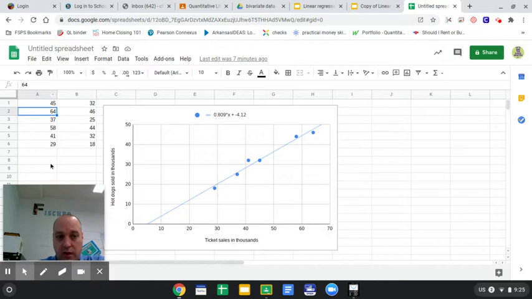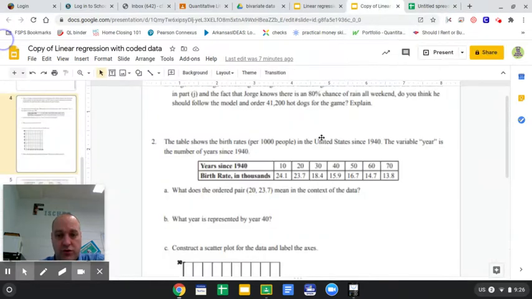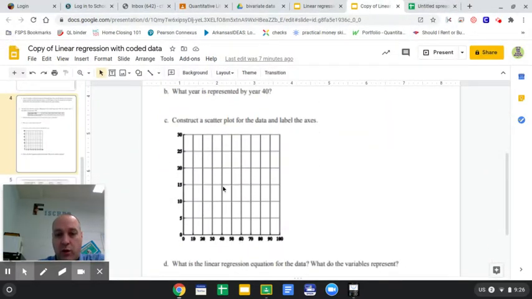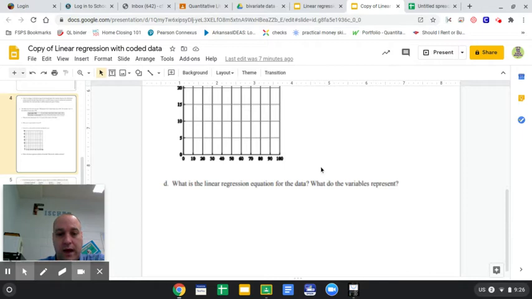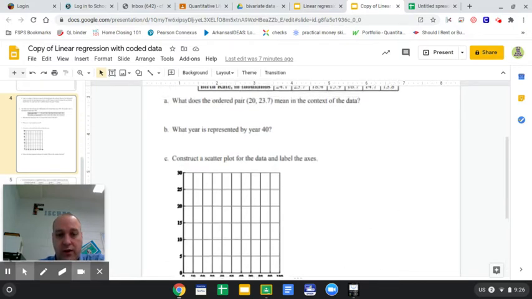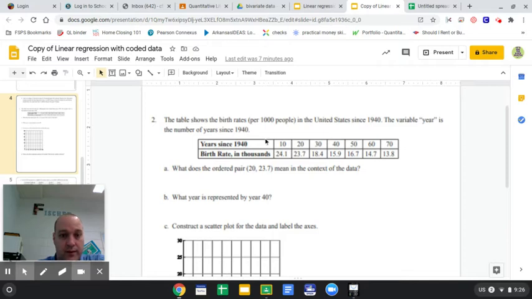So you may just use another blank spreadsheet and start over from scratch. Put the regression equation in there. I would go ahead and put the trend line, and it says, what is the linear regression? You can find that. What do the variables represent? The variables represent the year since 1940 and the birth rate in thousands.